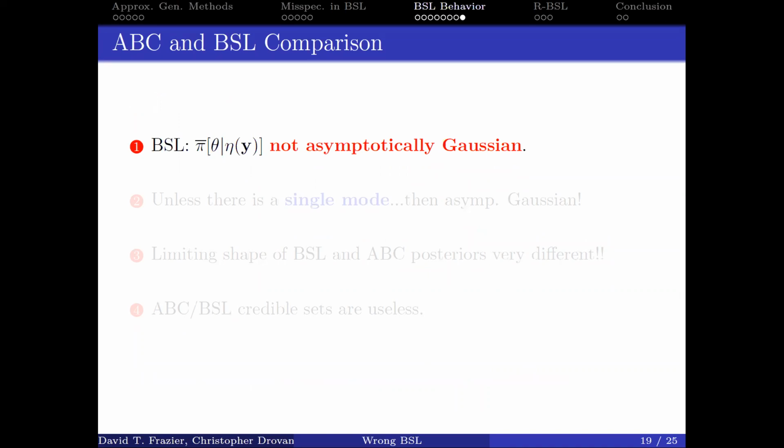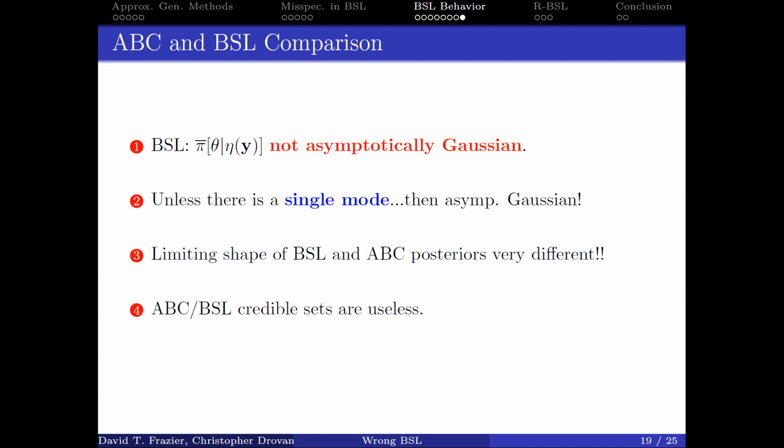However, as we've shown, if there's a single mode, then BSL is asymptotically Gaussian. So there are similarities with ABC when the model's wrong, but if you have a single mode in BSL, you get nice Gaussian concentration, whereas you don't in ABC. So the limiting shape between these two methods is very different.